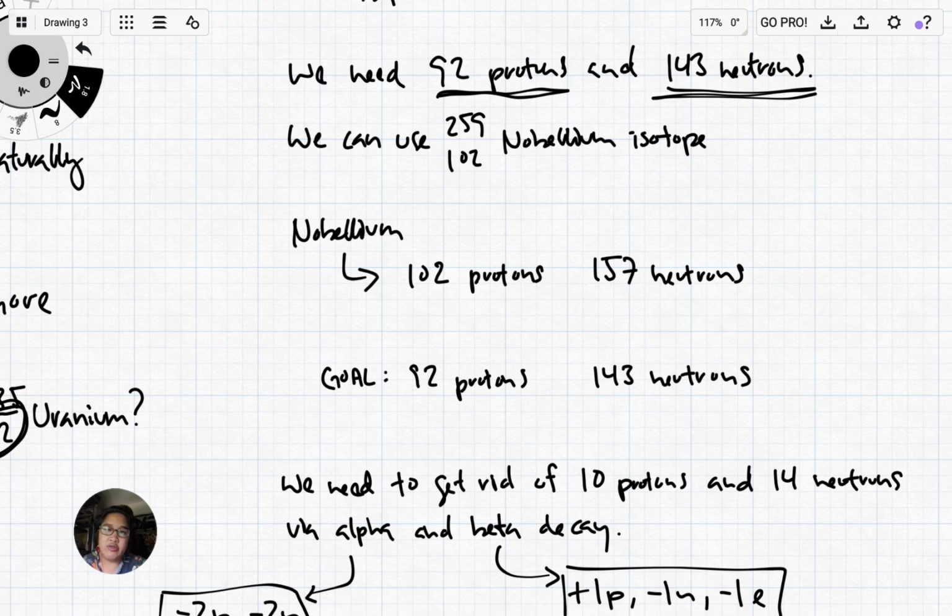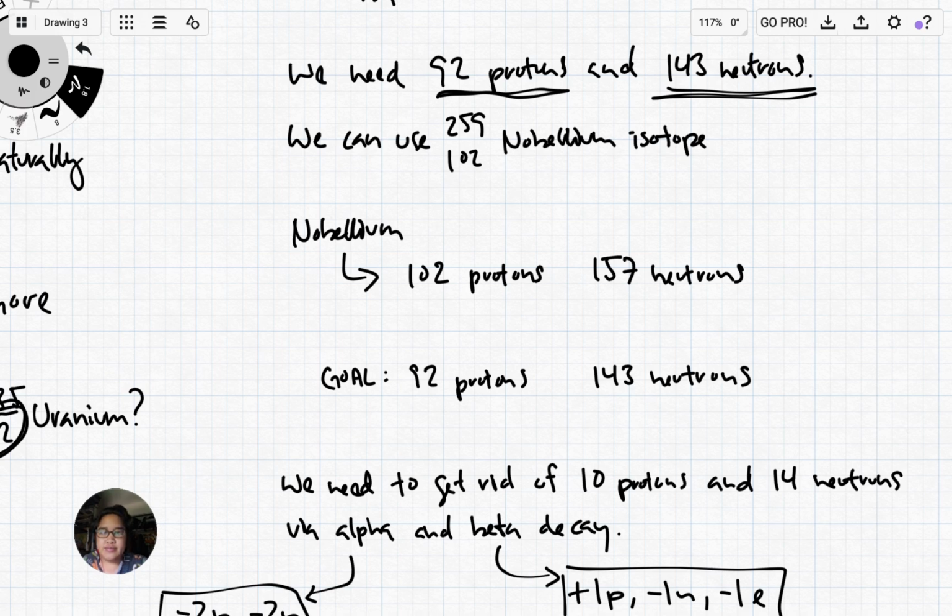So once you have 93 protons, it's a different element. It's no longer uranium. Okay? And the neutrons, it doesn't matter how many neutrons you have, but in this case, for this reaction, for the atomic bomb, you need 143 neutrons in the nucleus.